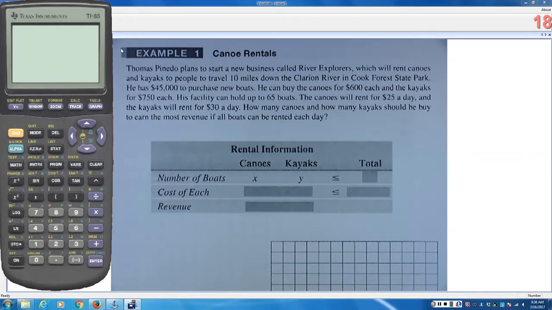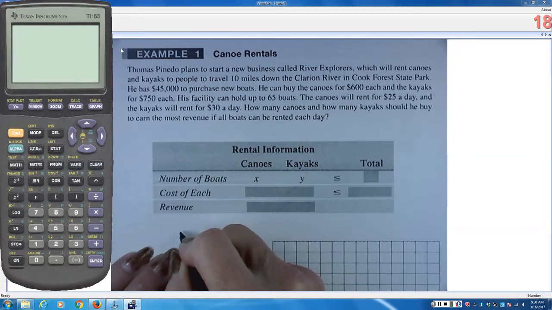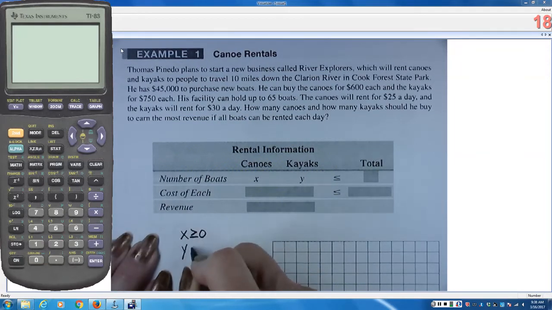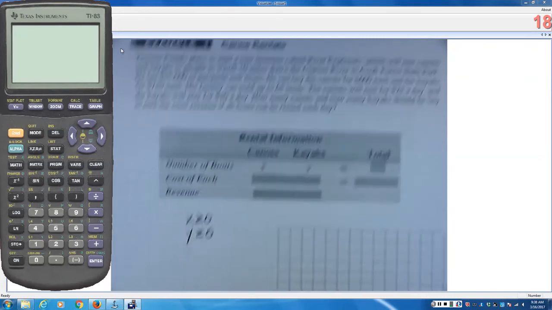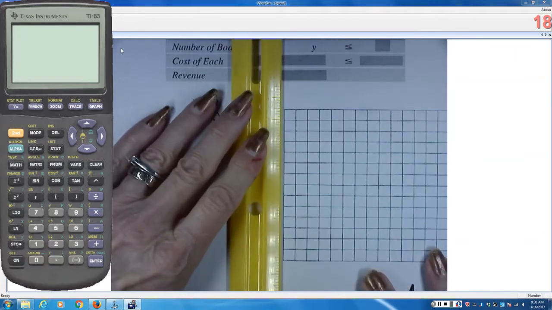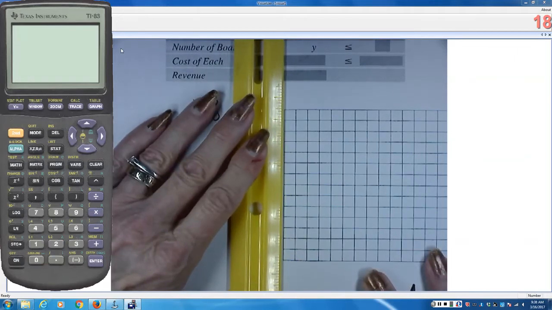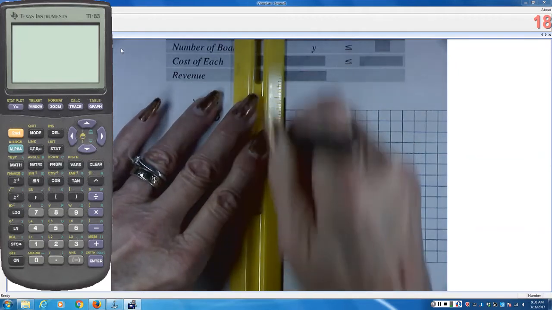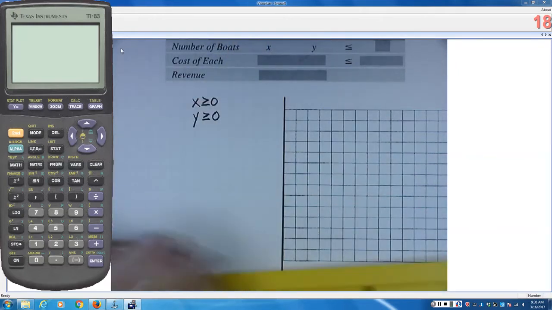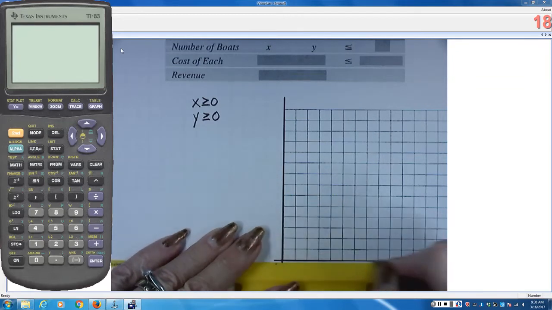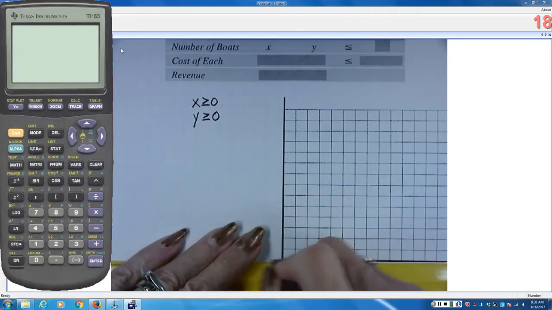No. So we want to start off by saying our first restrictions are that X and Y should both be positive, which means when I draw my graph, I should not even include anything but the first quadrant. That way I don't have to worry about doing any shading, at least not for that pair.